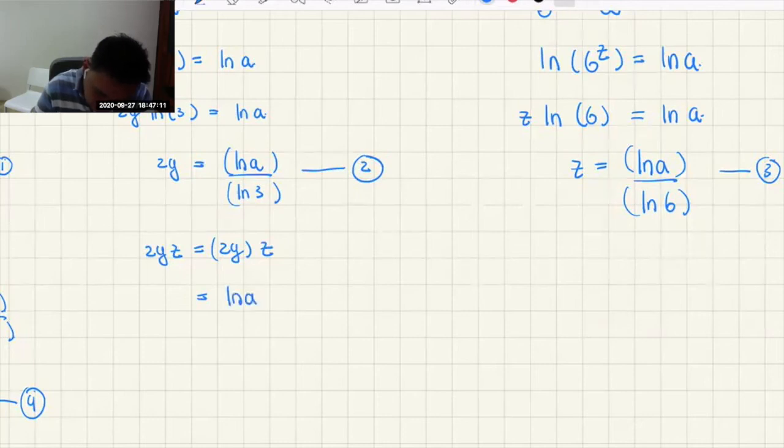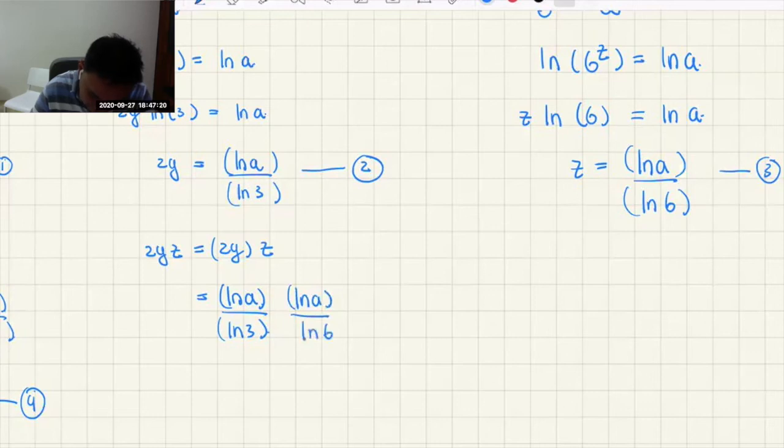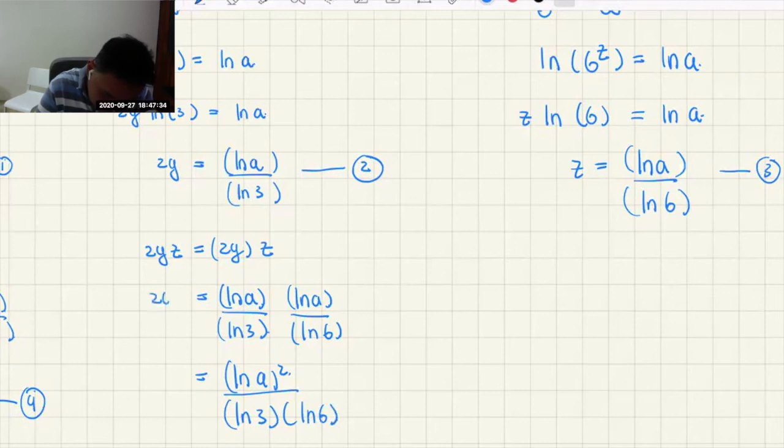So ln a over ln 3 times ln a over ln 6. Then this one will be ln a square over ln 3 times ln 6. Call this equation 5.